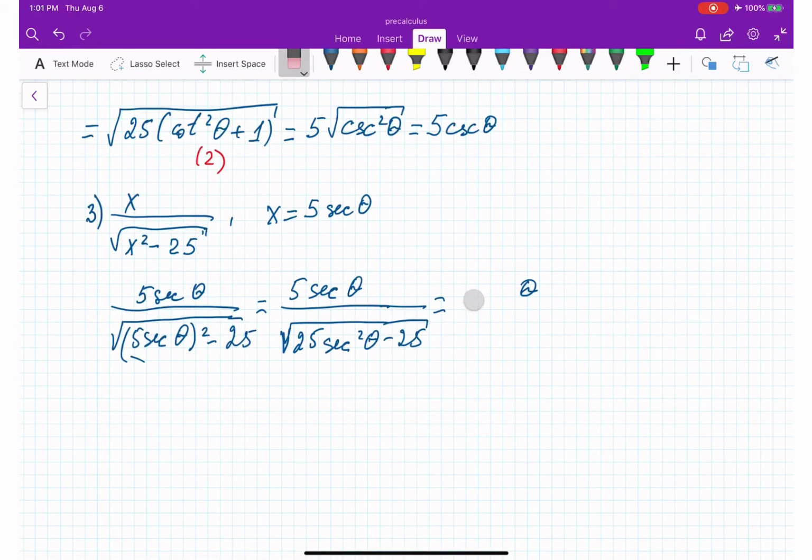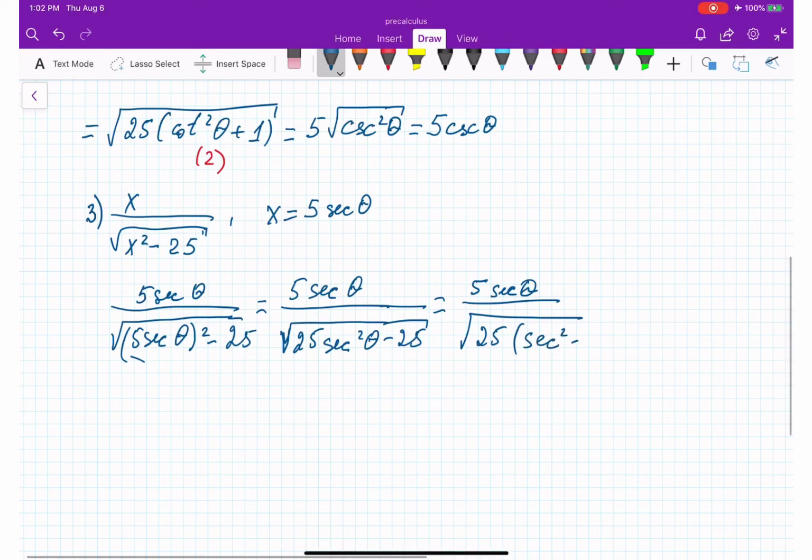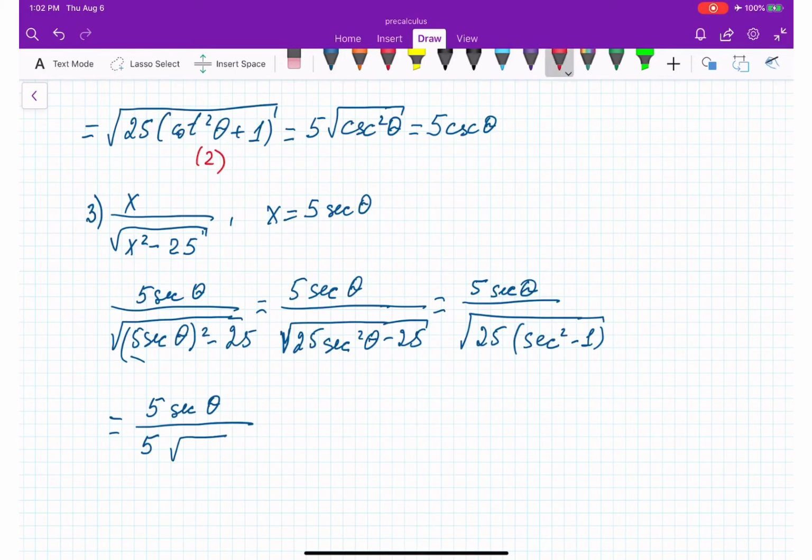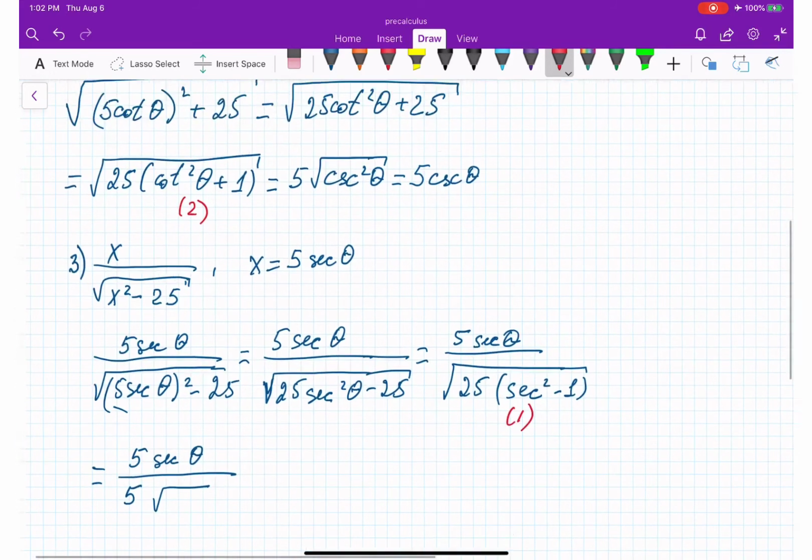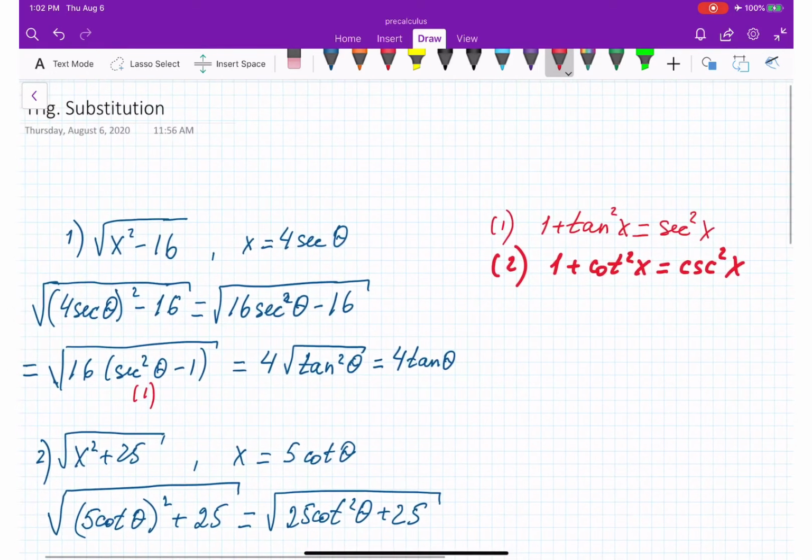5 secant theta over the square root of 25, which comes out as common factor, times secant square minus 1. This 25, the square root of 25 is 5, comes out, and underneath we have formula number 1, right?